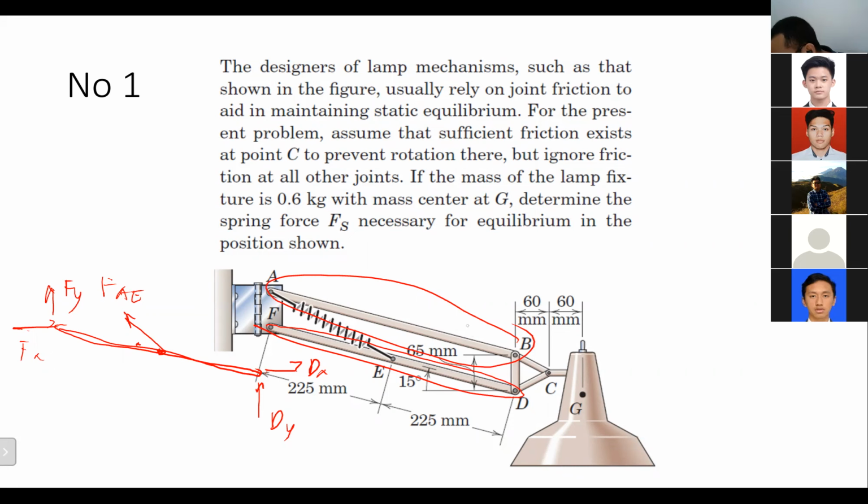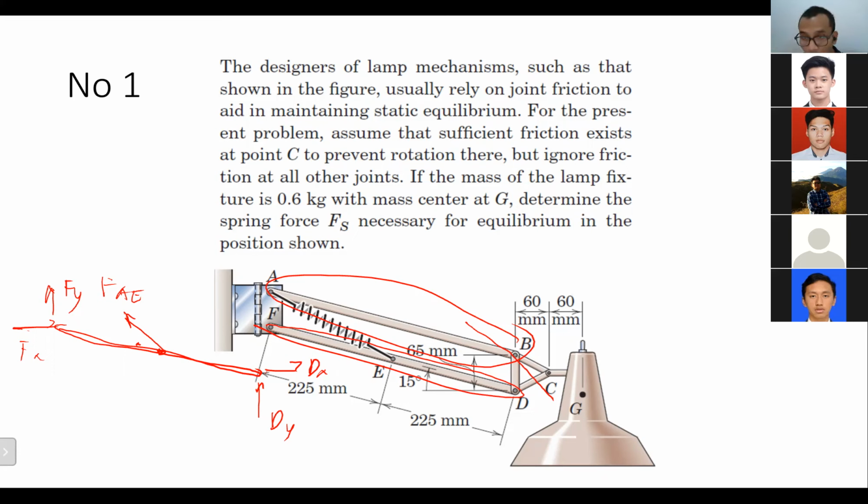You mean you do a cut like this, right? Yes, sir. Okay, why do you need to do a cut like that? So we can find the forces in B and C, sir. Because from my logic, if we find the forces of BD.